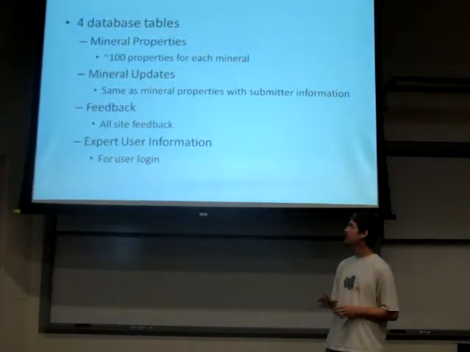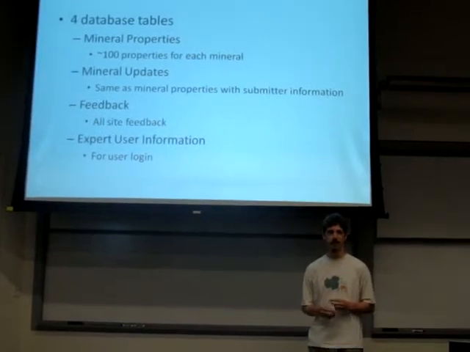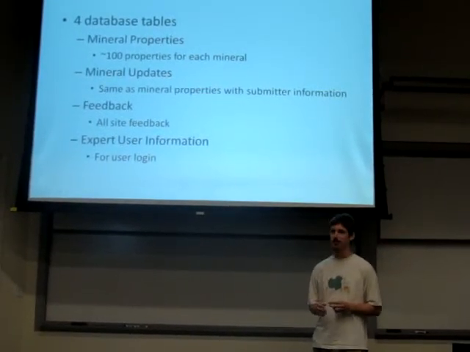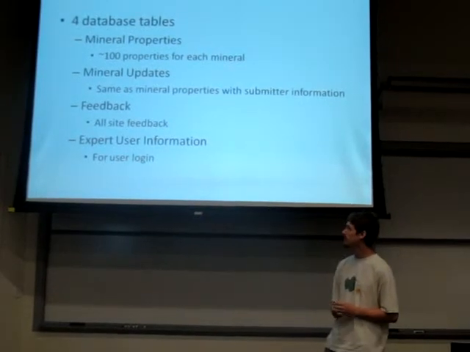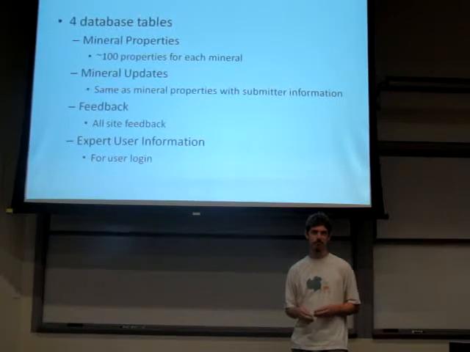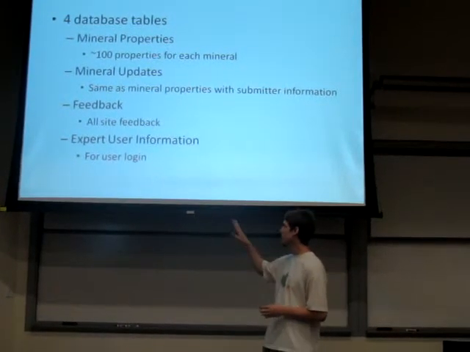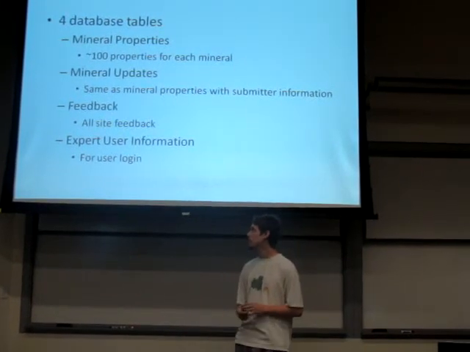Mineral updates is very similar to the properties, except it also has the contact info and, as I explained earlier, the previous ID, which links back to the mineral properties table. Feedback just stores any of the feedback from the site that users give, you know, they like this, they don't like that, whatever. And the login is just what's in the expert user table.